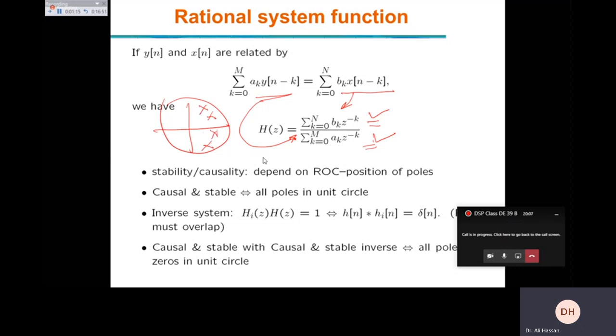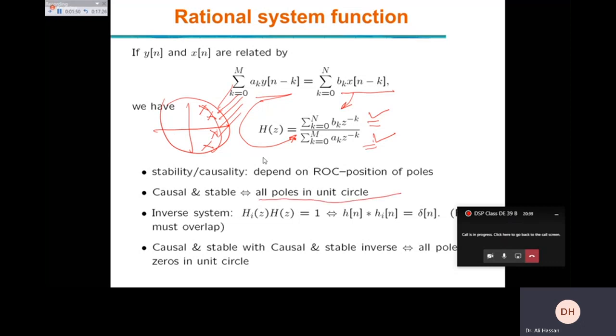And if the outermost pole is inside the unit circle, then the unit circle will be in the region of convergence. So for stability and causality, all poles must be inside the unit circle. This again we have already studied, and zeros we don't care. Zeros could be inside or outside. So we are not really worried about zeros of the system.